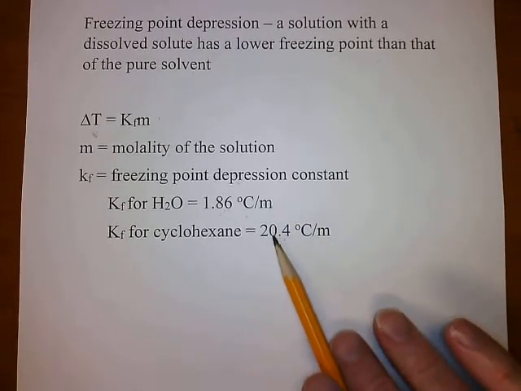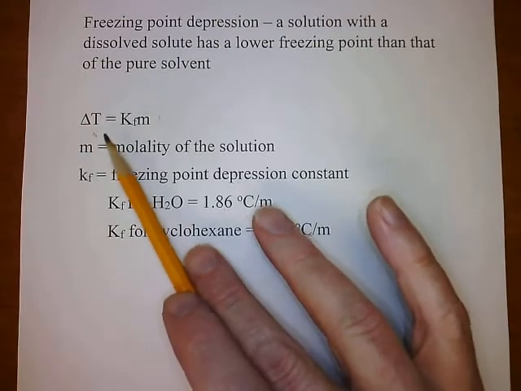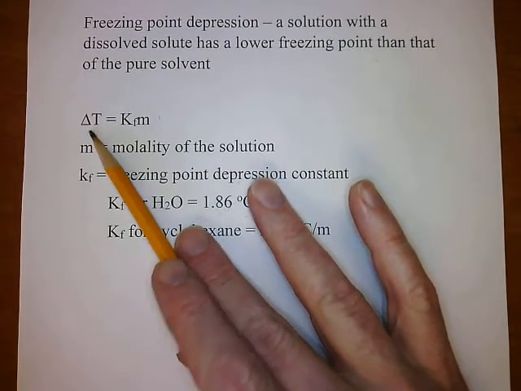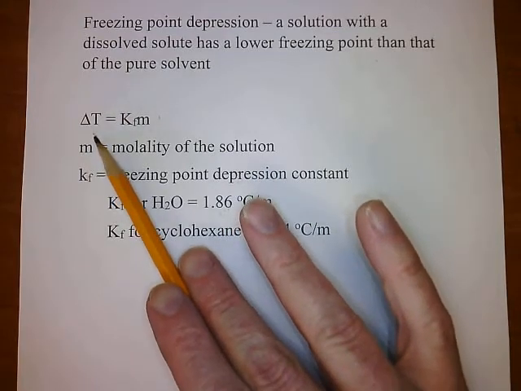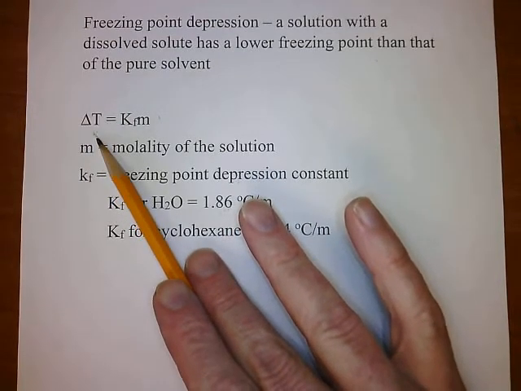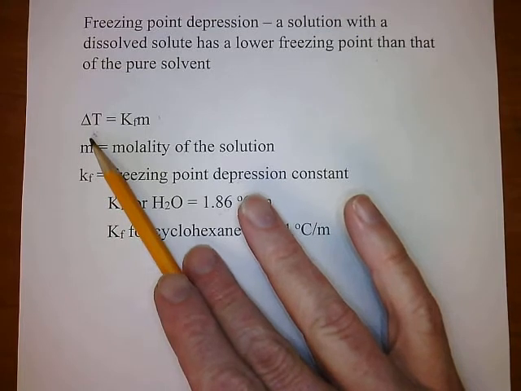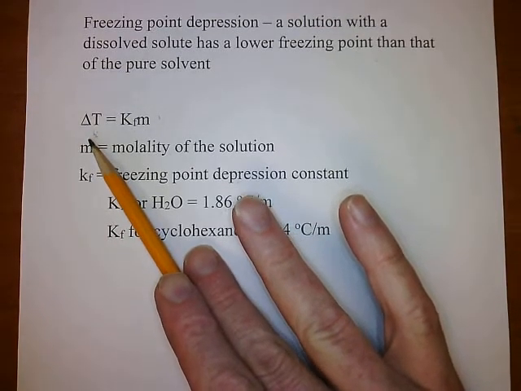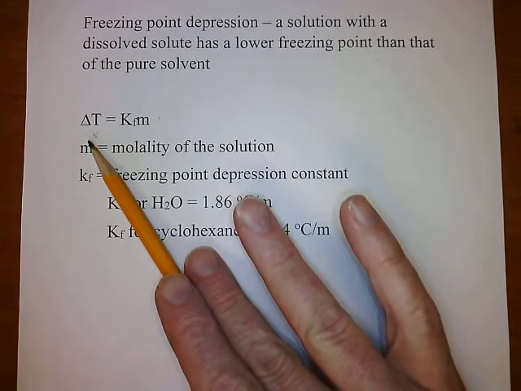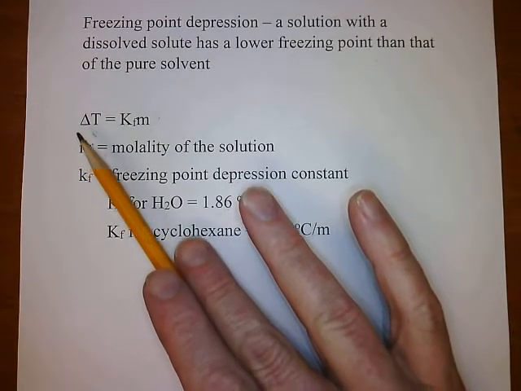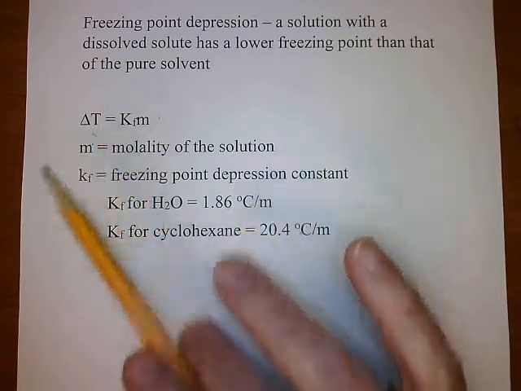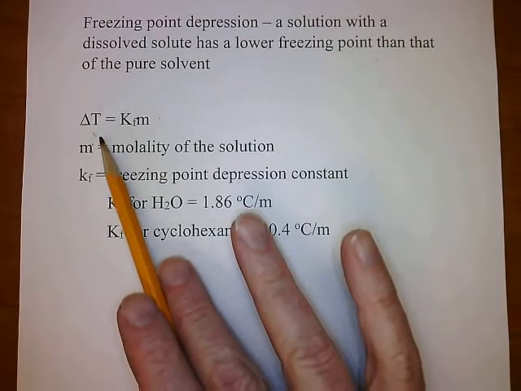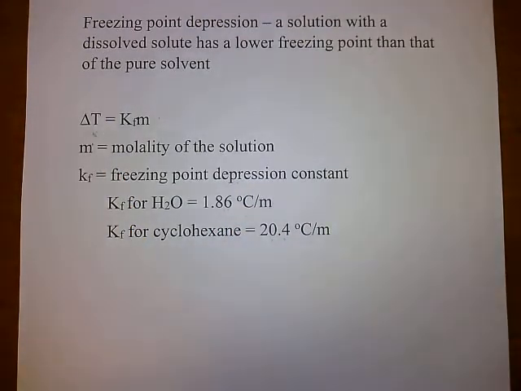And one more thing: delta T is what we're measuring. Delta usually means change, correct? So we're measuring the change in the freezing point. This is not the absolute freezing point. It's the amount by which the freezing point is changed. So if we wanted the absolute freezing point, we would have to subtract this from the freezing point of pure solvent. This only tells you how much the freezing point is changed.